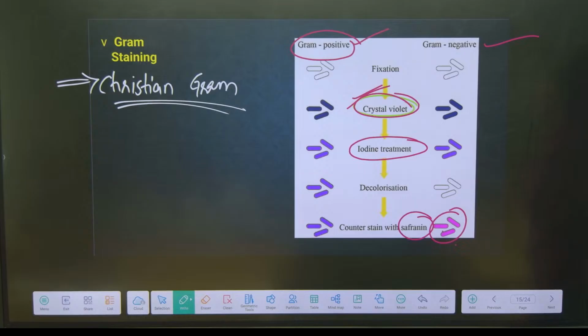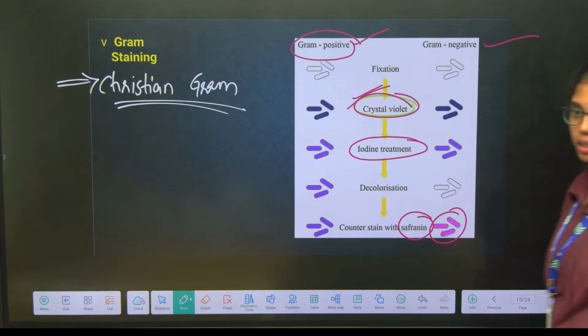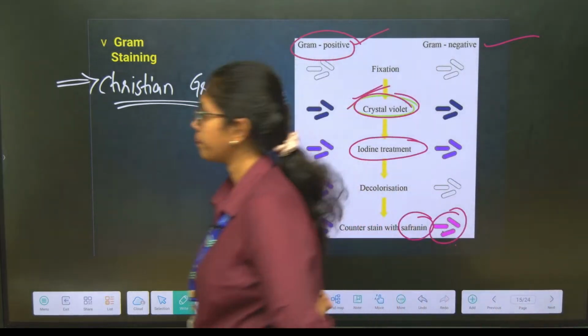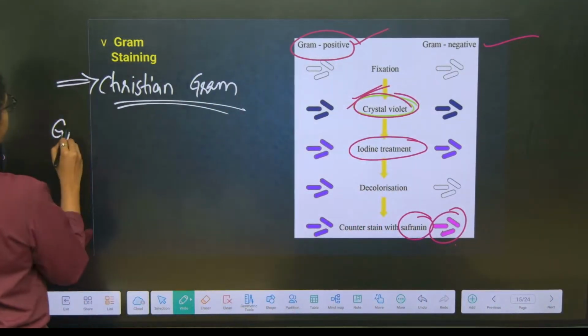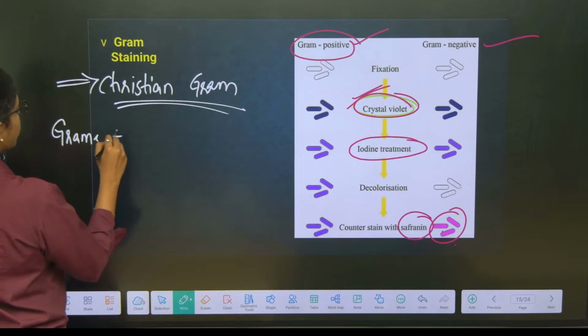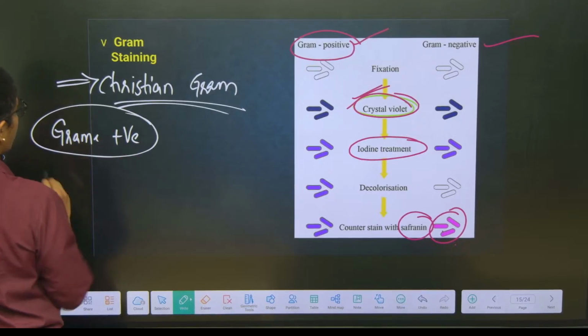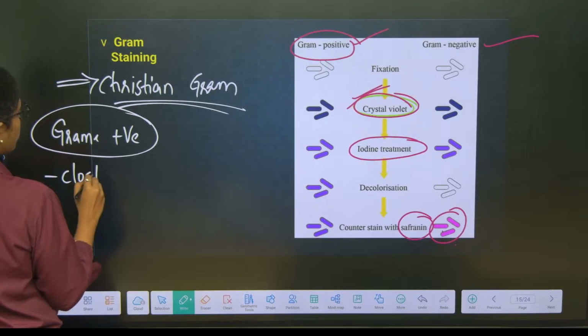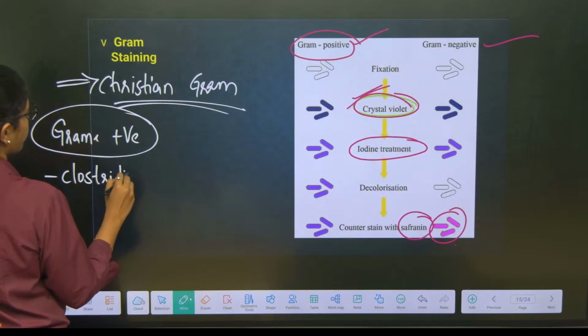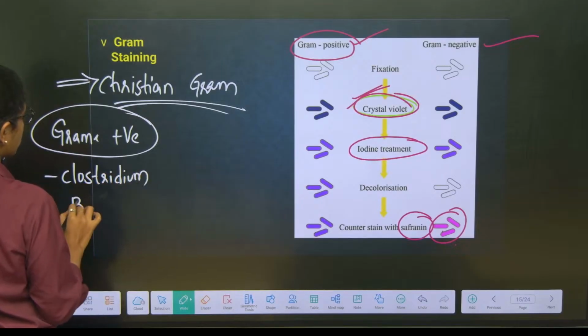Clear, right? Staining process, staining technique, and about gram-positive and gram-negative bacteria. Best examples for gram-positive include Clostridium, Bacillus.